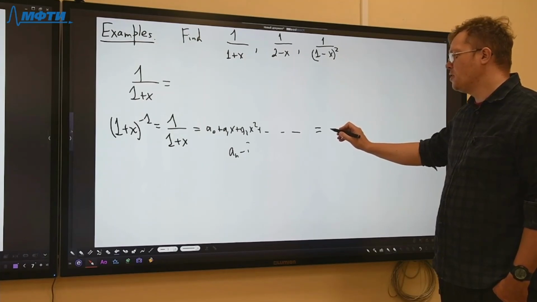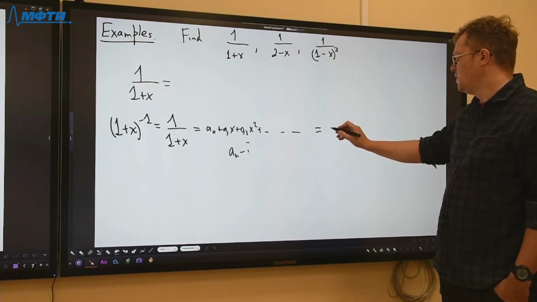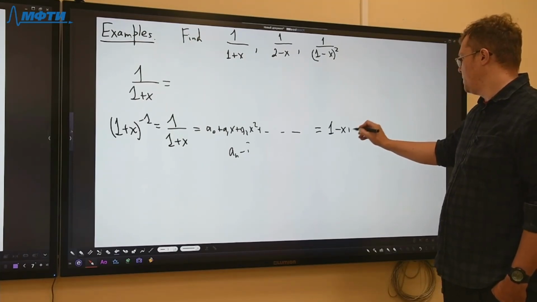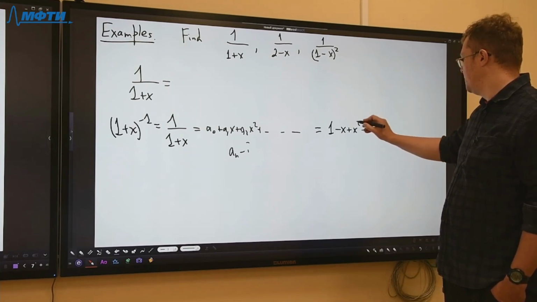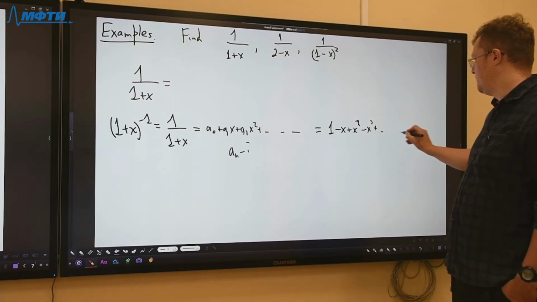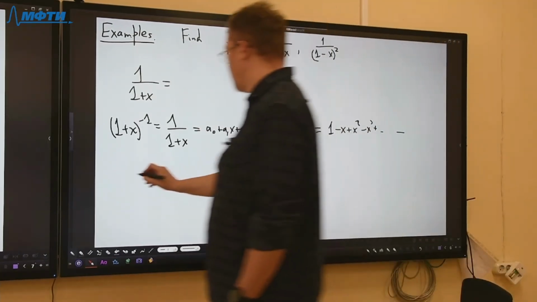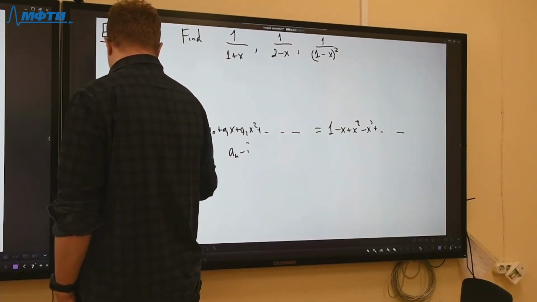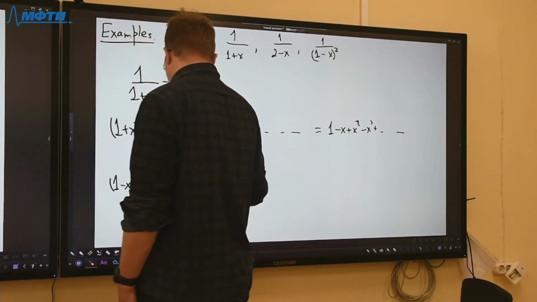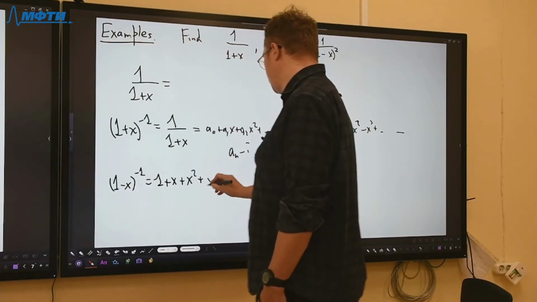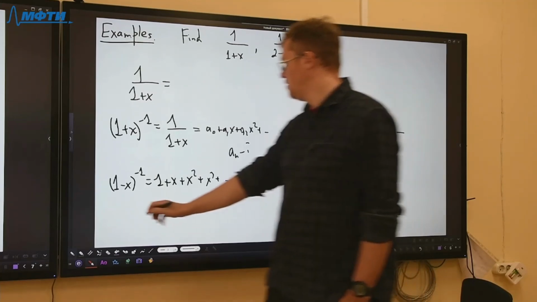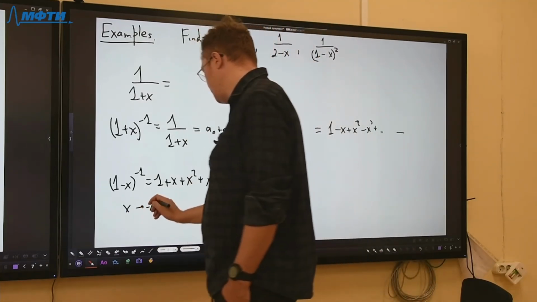What's the first coefficient? Something like this. Yes. So how do you get it? You can just take our previous example and change x to minus x.